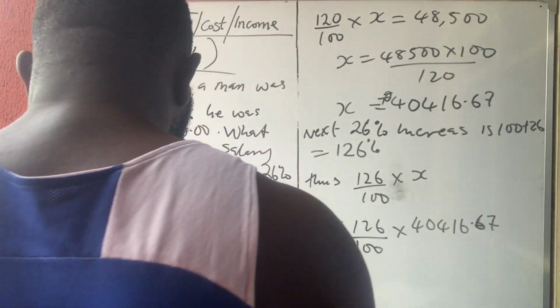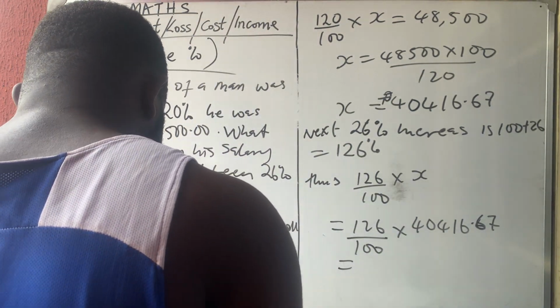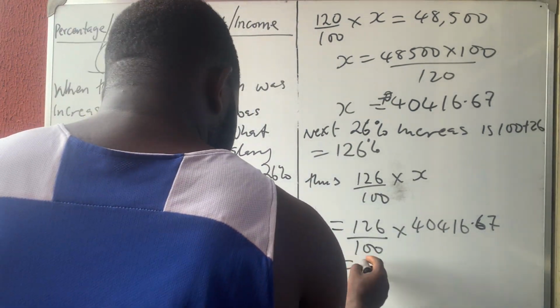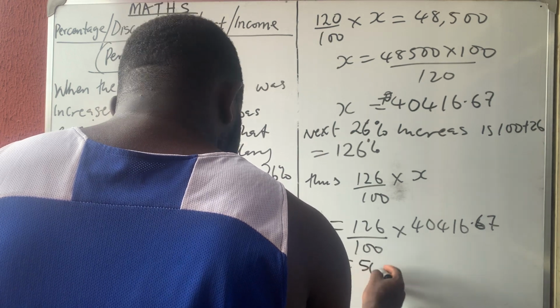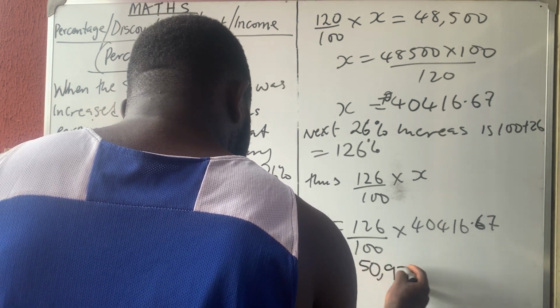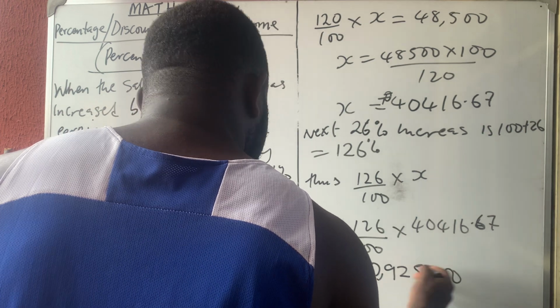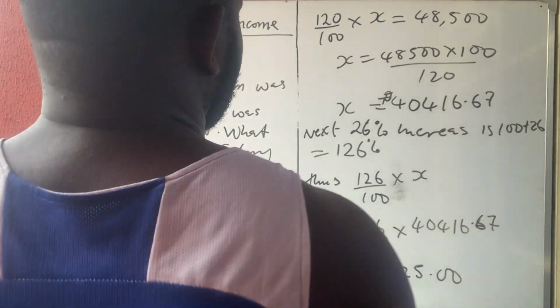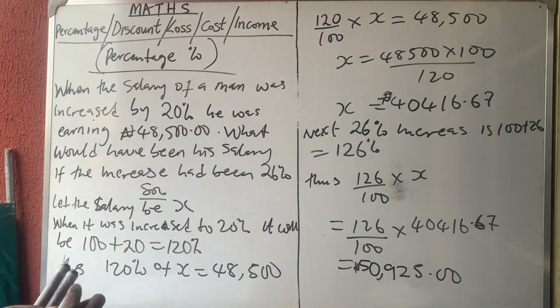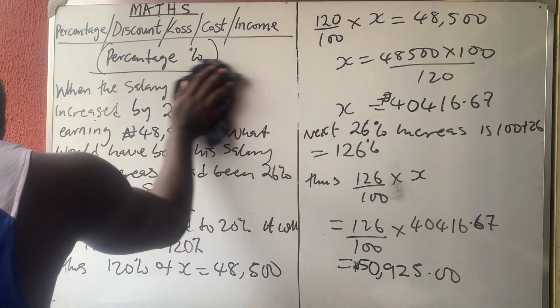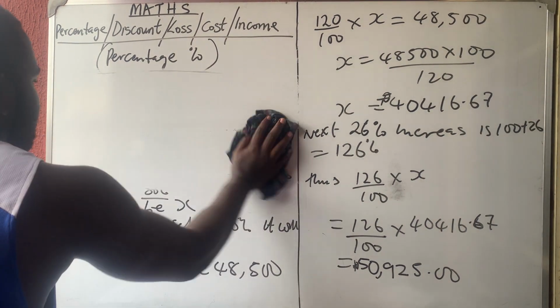If you do the math, you are going to get 50,925.00 naira. So this is the amount this man will be receiving if his salary was increased by 26%.